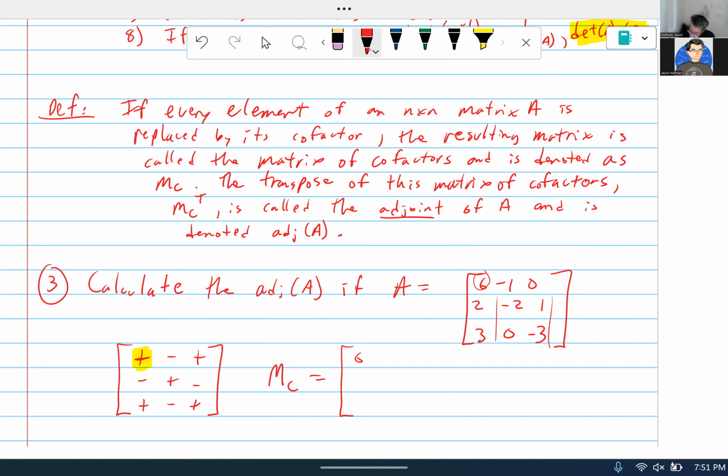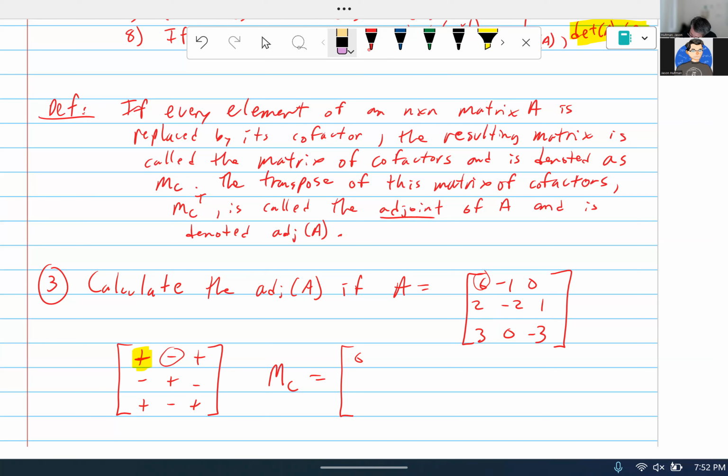If I look at the -1, I cross off row and column this time, and I get -6 minus 3, which is -9. But then I look at my sign, that's a negative, so I would get a +9.